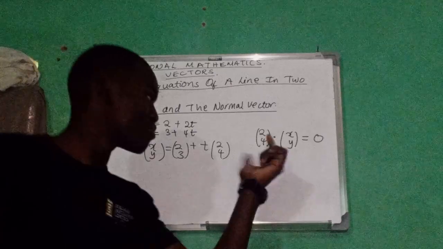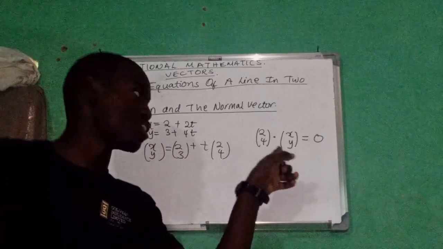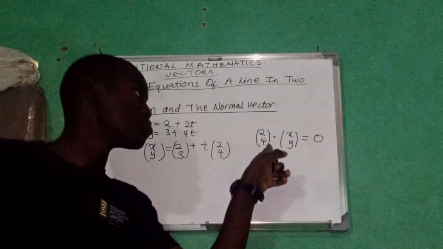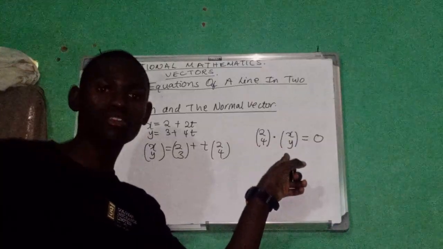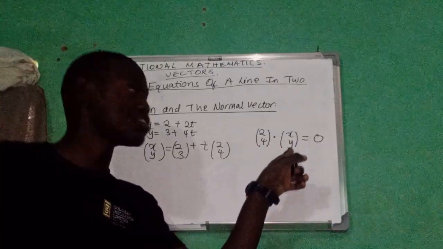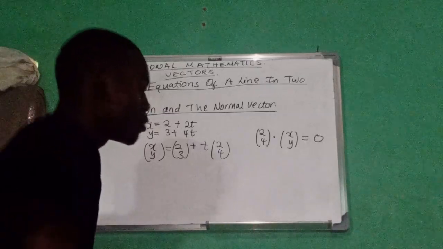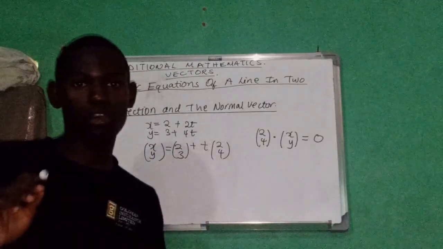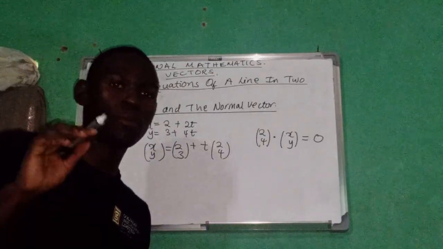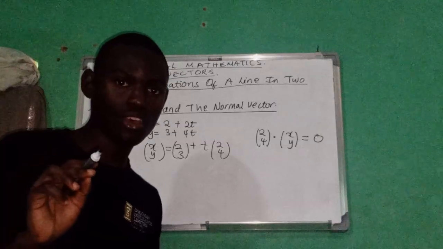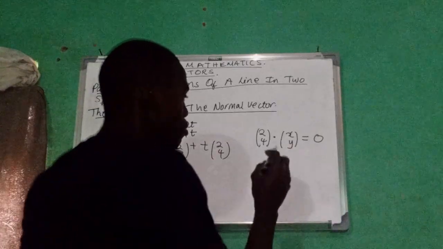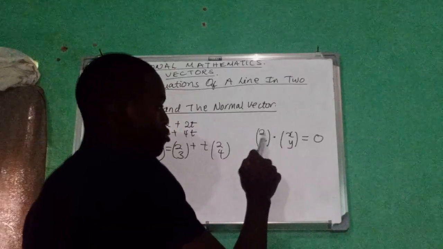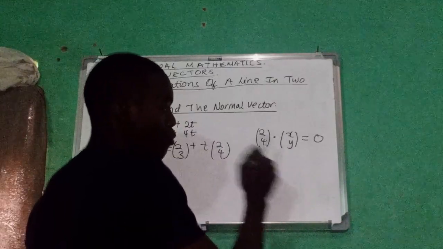So if you're given a direction vector like this and you're asked to find the normal vector, you multiply the direction vector by the unknown normal vector and it will give you 0. You should be very careful here. You make use of the signs. You multiply in the form of rows: 2 times x and 4 times y.